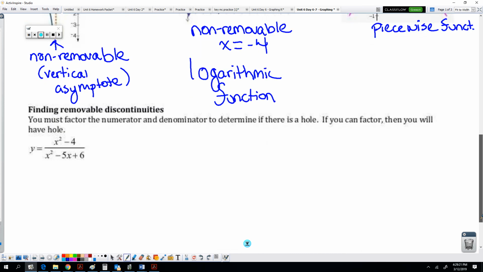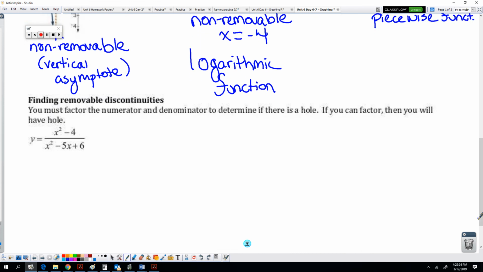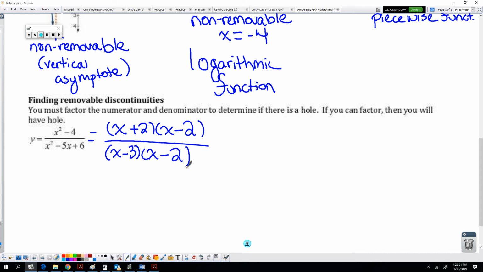So we're going to have a little practice in order to figure out if there's a removable discontinuity. Now you have to factor the numerator and denominator to see if there is a hole. So it should be x plus 2, x minus 2 because they are difference of two squares. And on the bottom you say what numbers multiply to 6 but add up to negative 5: x minus 3, x minus 2. And it should say if you can cancel a factor, then you will have a hole.